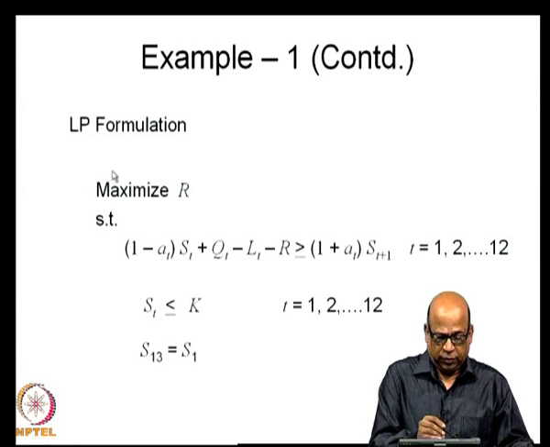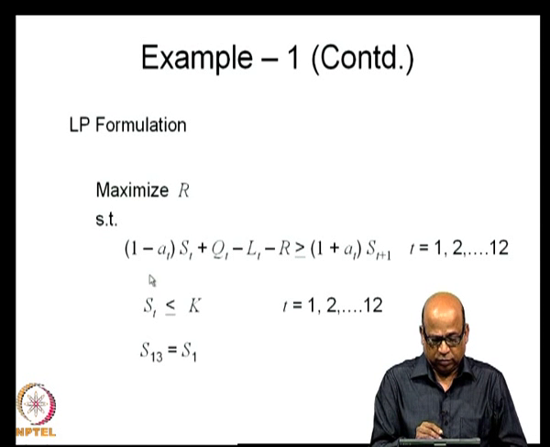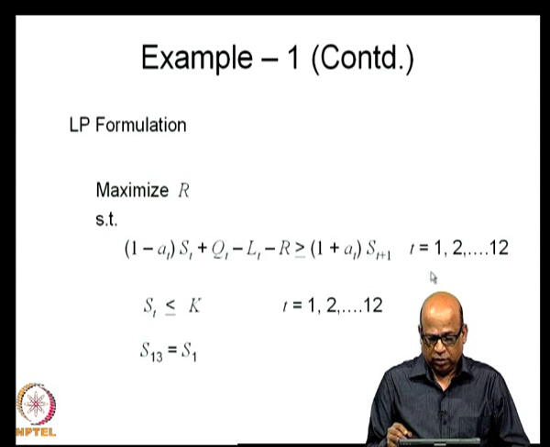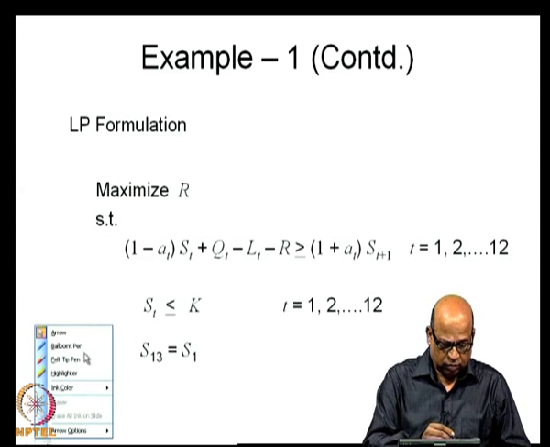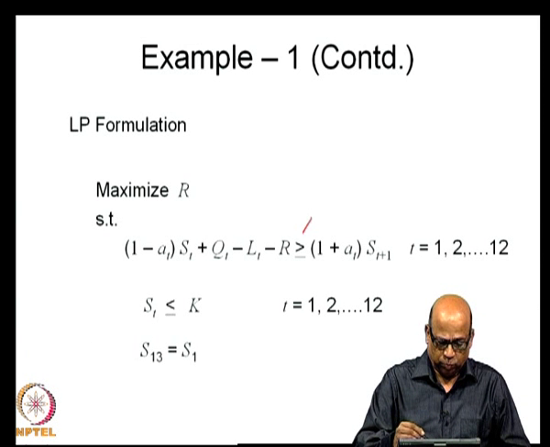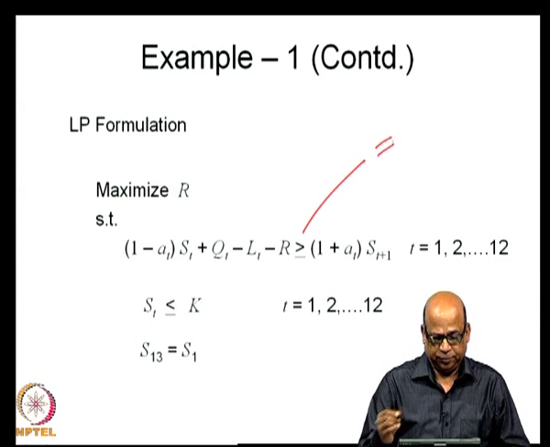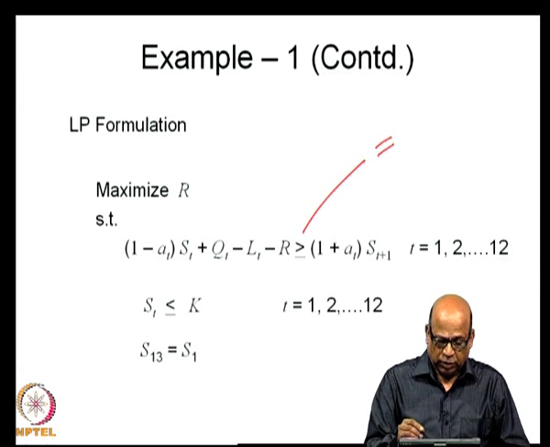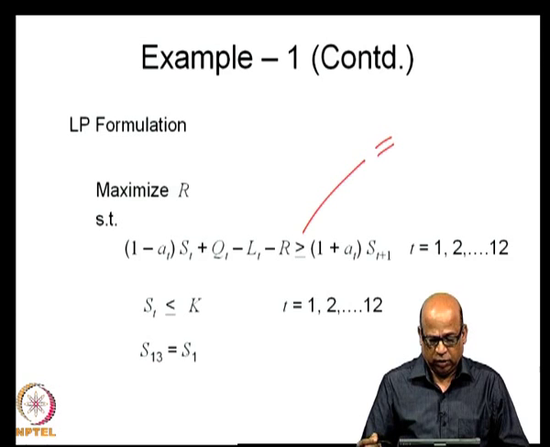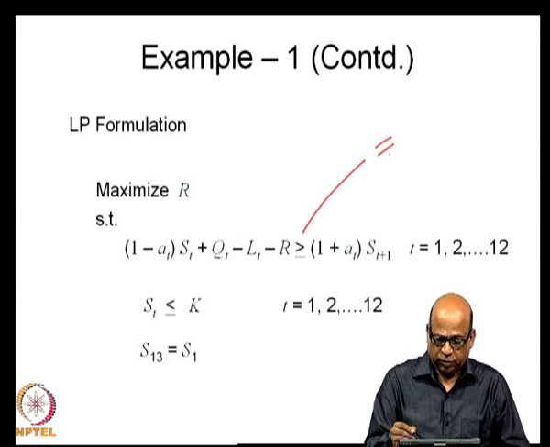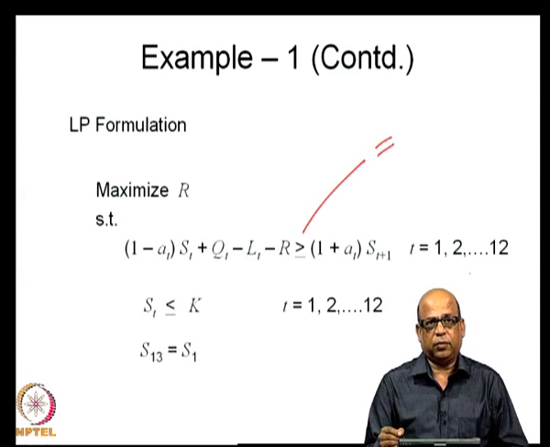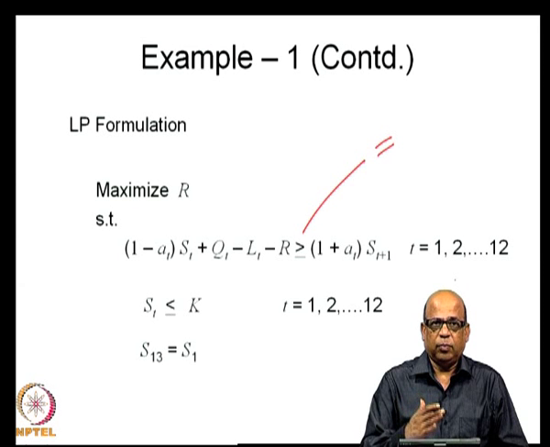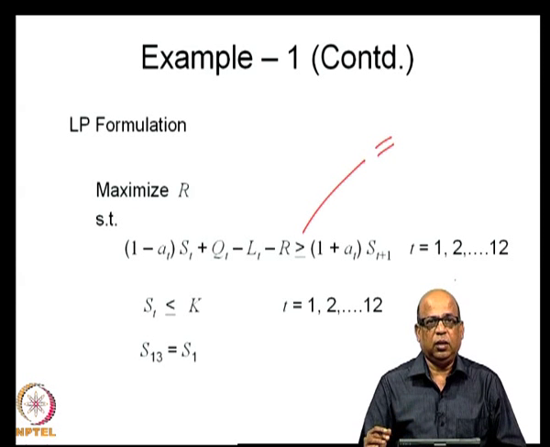Like I said in the previous class, you can write the continuity equation in this form. Typically, the continuity equation, strictly speaking, should be an equality constraint here. But as you solve examples of linear programming, you will understand that having a large number of equality constraints, let us say 12 equality constraints, normally creates some difficulties in solving linear programming problems.